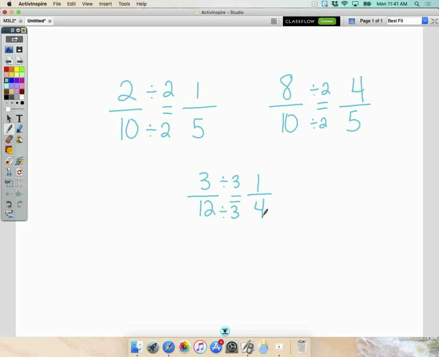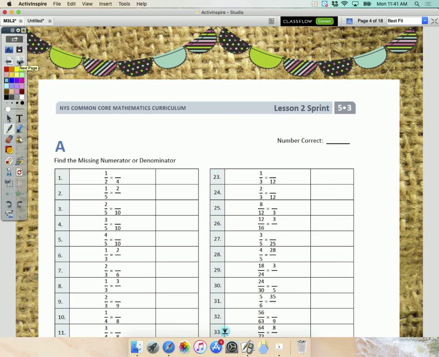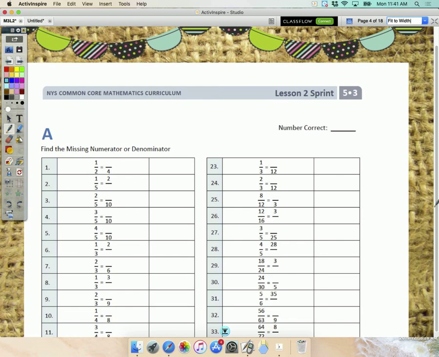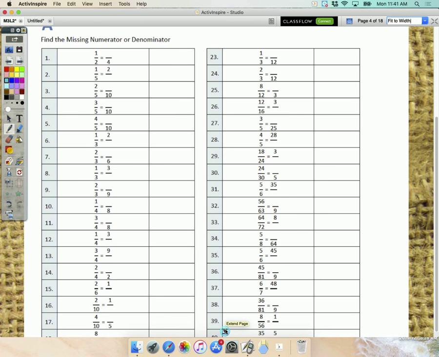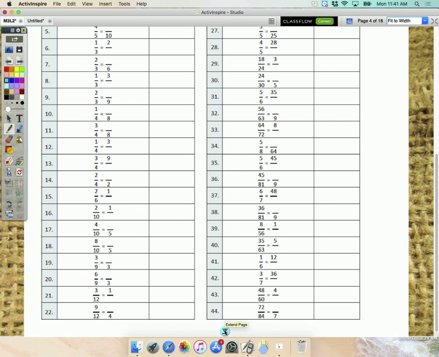So let's go ahead and look at the Sprint. So on the Sprint, I wanted to show you that from 14 down to 22, I believe. 14 to 22 are division.